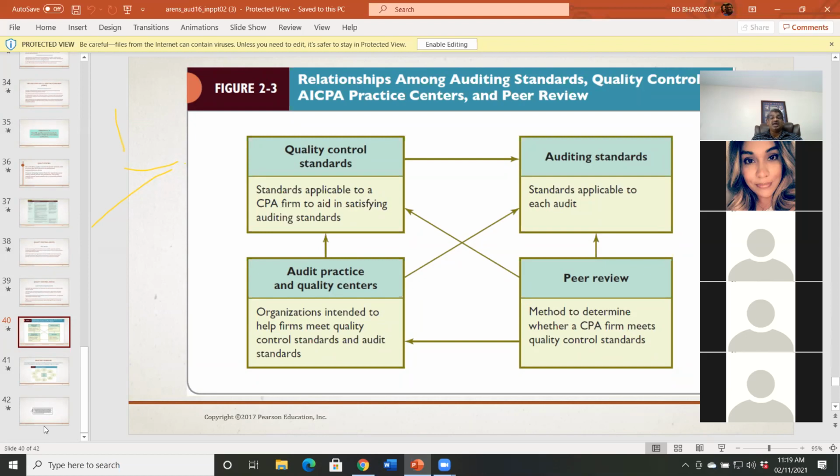The Audit Practice and Quality Center looks at audit work and the quality of your other practice, so they're looking at both auditing and non-auditing work. The peer review looks at your auditing standards, your audit practice and quality center, and also your quality control standards. So the peer review looks at all three.